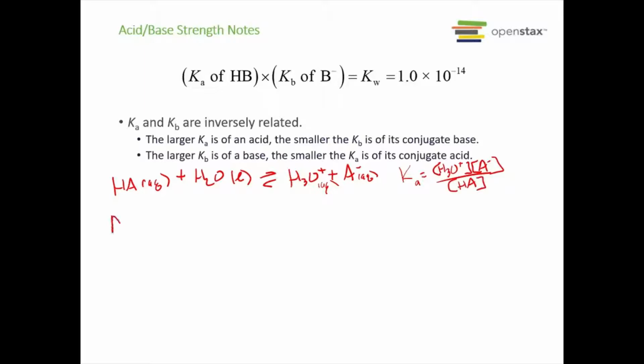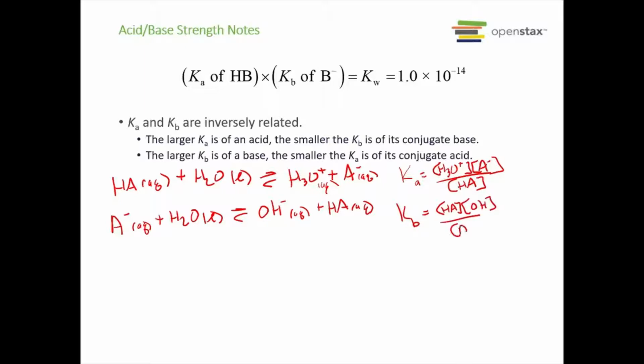And if we have a base, we have A minus plus H2O gives us OH minus plus HA. So its Kb is equal to HA times OH minus over A minus.